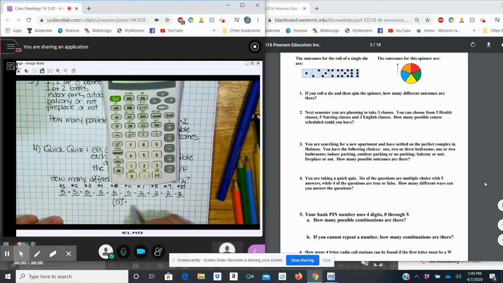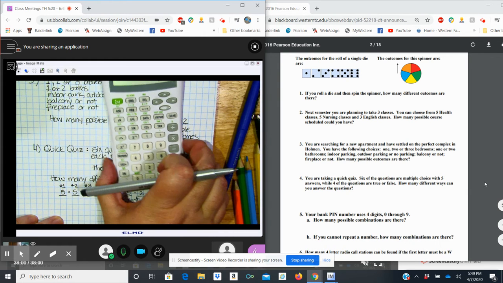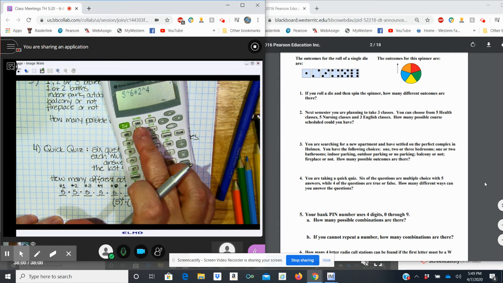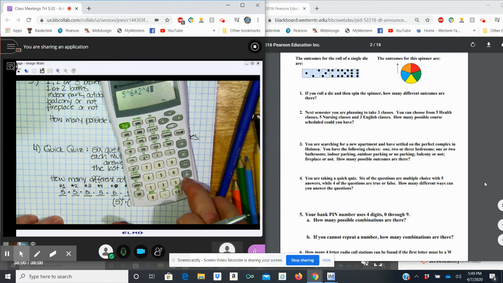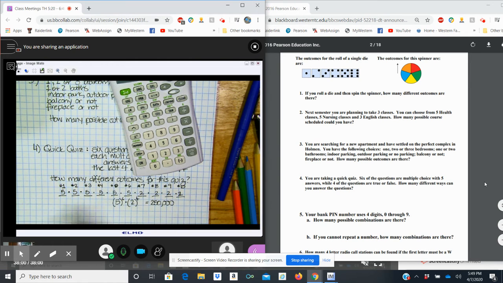And then I have a choice of 2, 4 times. If I do that on my calculator, 5 to the 6th times 2 to the 4th, I have 250,000 possible outcomes.